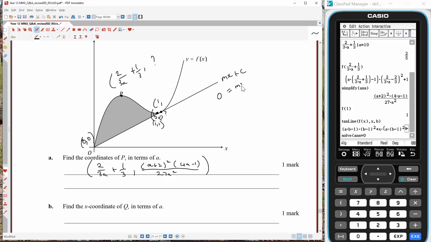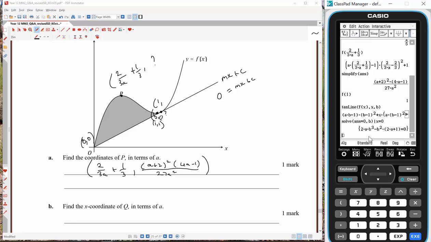So I'm going to solve when that is equal to 0 for b. Okay, and b is this value here, the x value, with x equals 0. So this one here is when y is equal to 0. This one here lets x equal 0 and says, okay, solve me for b.